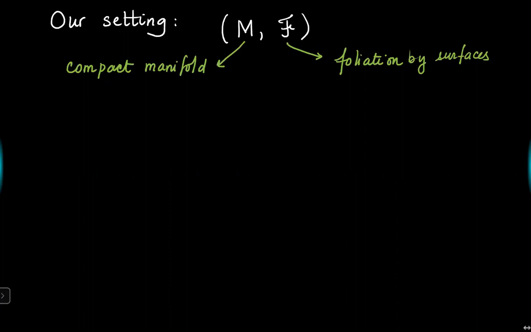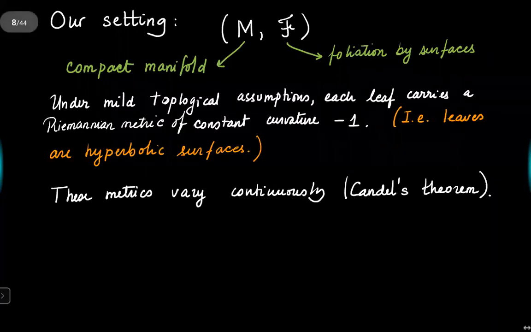Most surfaces are hyperbolic, so arguably most foliations are foliations by hyperbolic surfaces, in a sense which is topological.